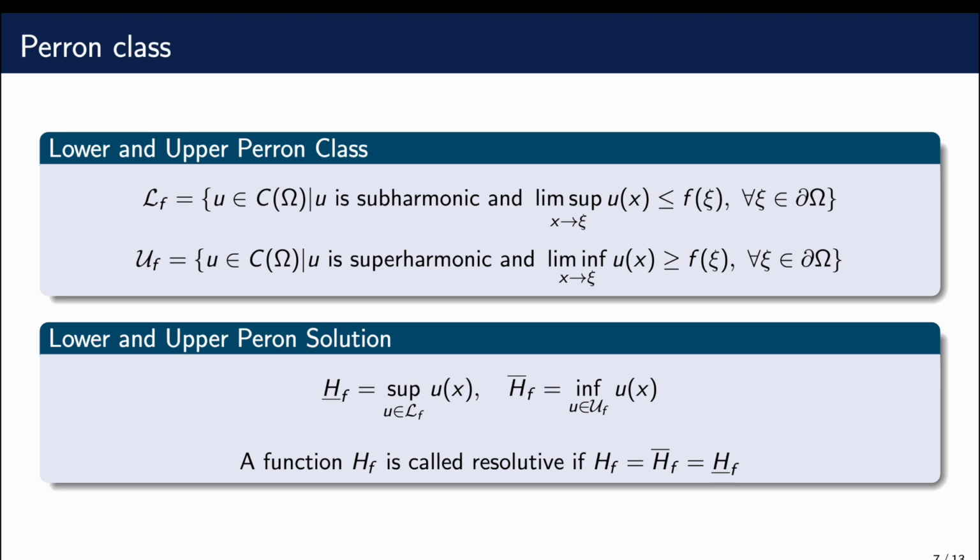And then we can call a function resolutive if the sup of the lower Perron class and the inf of the upper Perron class, or the lower and upper Perron solutions, are the same. Looking for cases where this is relevant is very important when dealing with the harmonic measure.